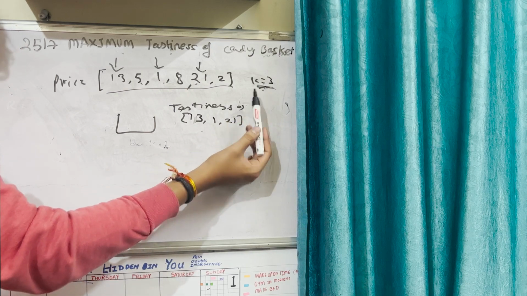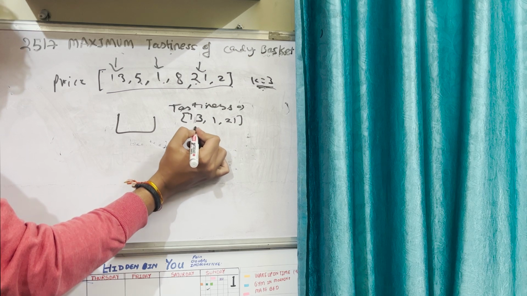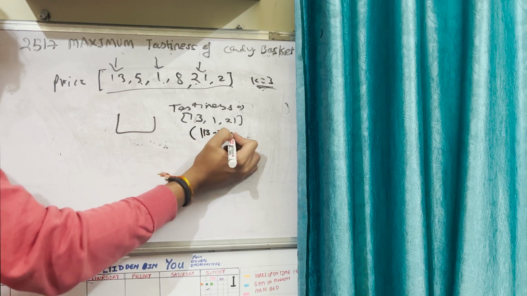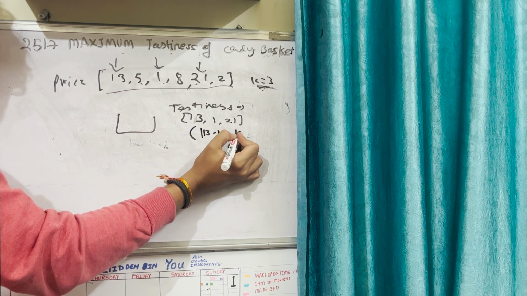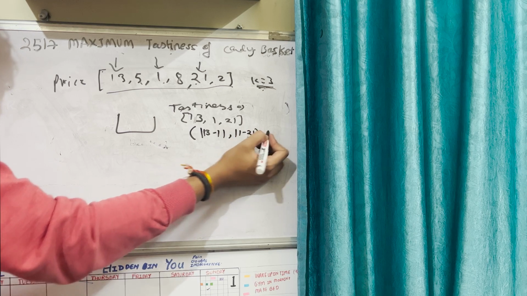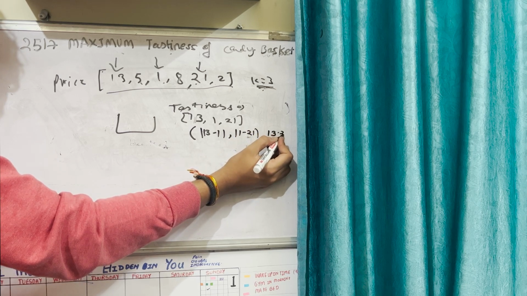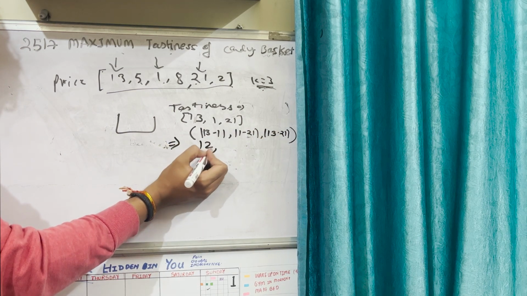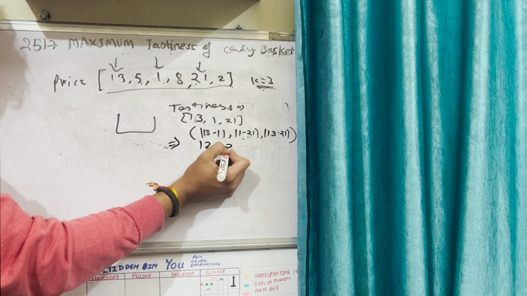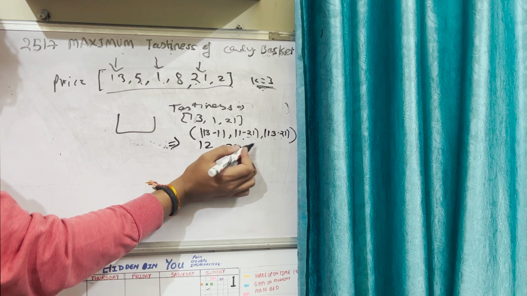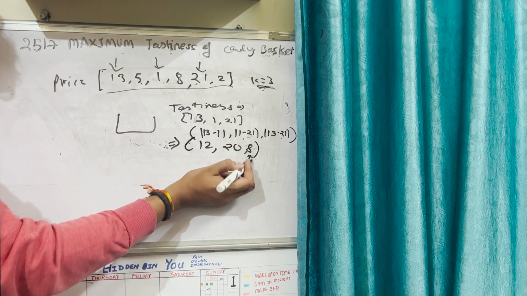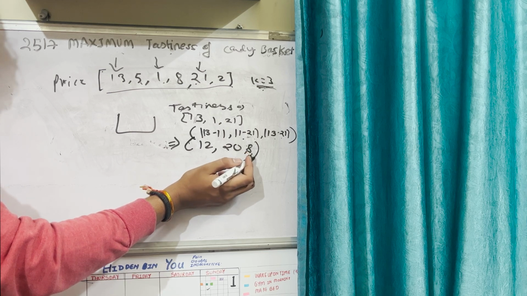So the difference will be between absolute values. 13 minus 1 is 12, 1 minus 21 in mod is 20, and 13 minus 21 is 8. So the minimum is 8. This is your tastiness, which is the minimum absolute difference.